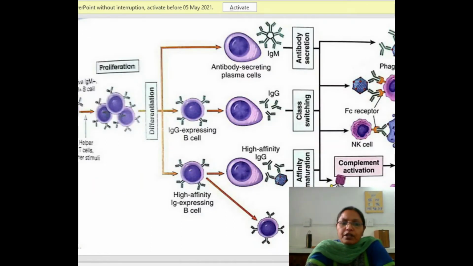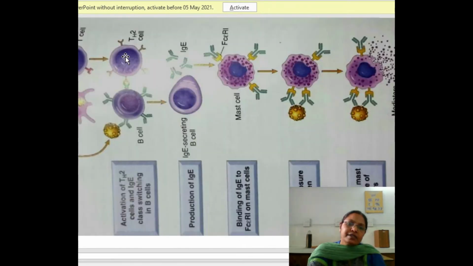In humoral immunity, as soon as the antigen is presented to the cell, there is proliferation of the T helper cells. They will cause activation of the B cells, and the antigen also binds directly with the B cell.